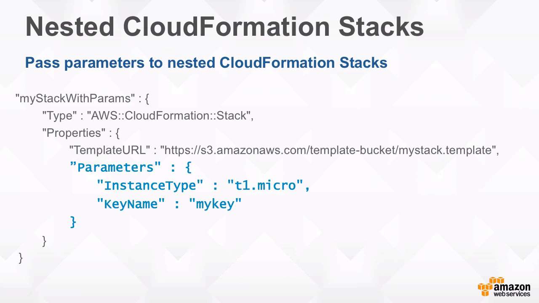This example just shows a template called mystack.template, which is in an S3 bucket, but I'm able to nest that inside of an existing CloudFormation template. A good use case for this might be nesting a database and a caching stack and a web tier stack inside a parent stack that deploys your whole application end to end. This means that when you're editing your CloudFormation templates, you're not editing huge templates with hundreds of lines of JSON in them. You can reduce them down to small functional areas.